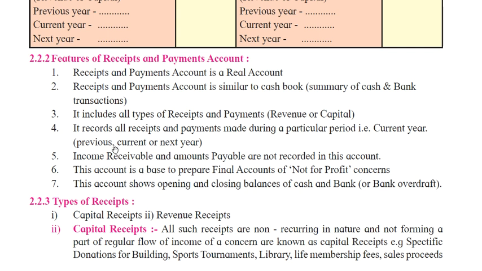Using these entries we prepare the receipts and payments account. Next, income receivable and amounts payable are not recorded in this account, since it is a not-for-profit organization. This account is the base to prepare the final accounts of a not-for-profit concern.